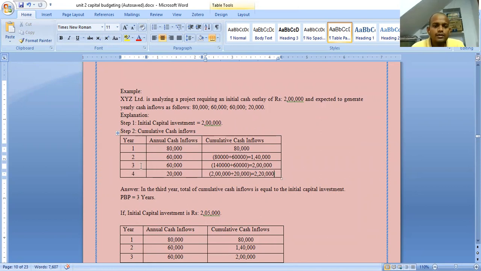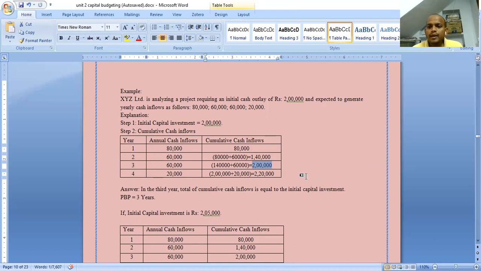So the third step: in the third year, the total cumulative cash flow is equal to the initial capital investment. Our capital investment is 2 lakhs, and with this project we are getting the 2 lakhs back in the third year.